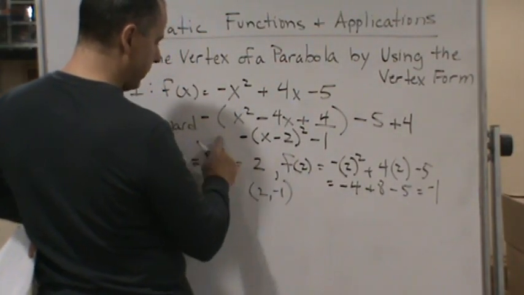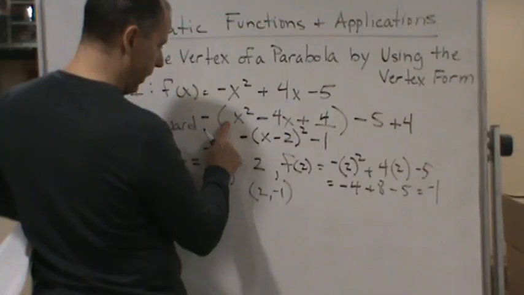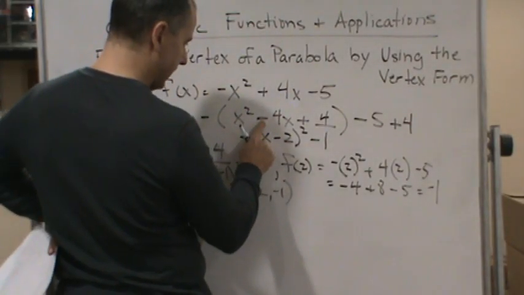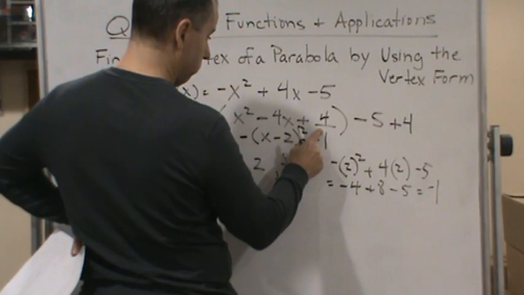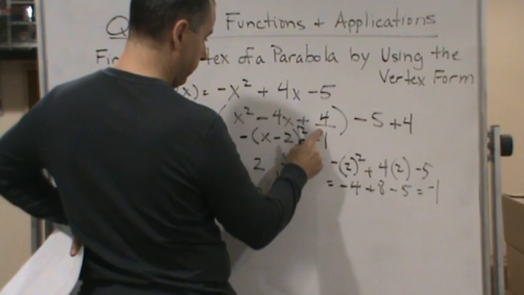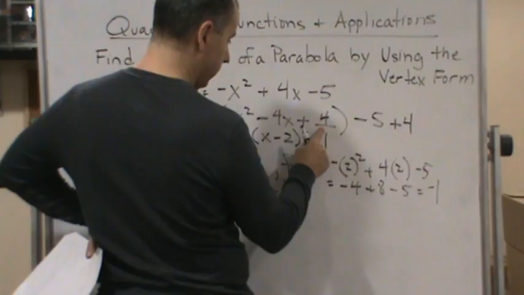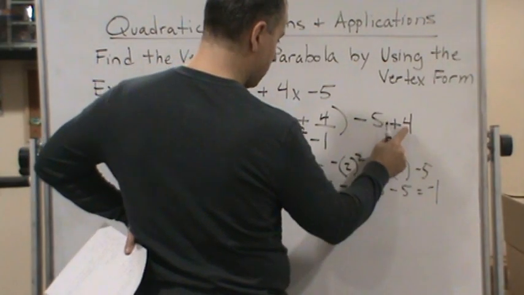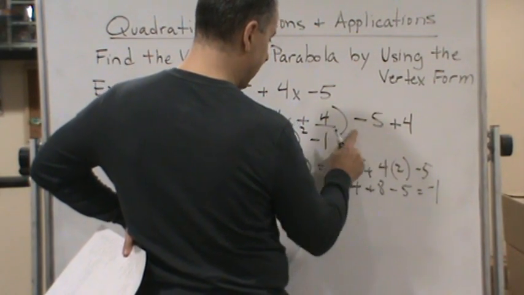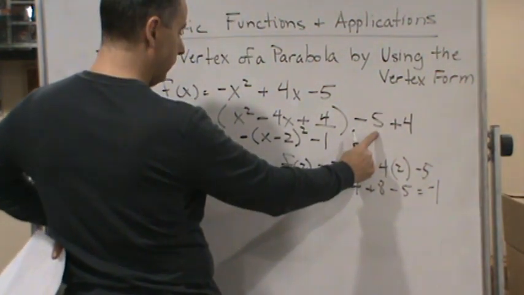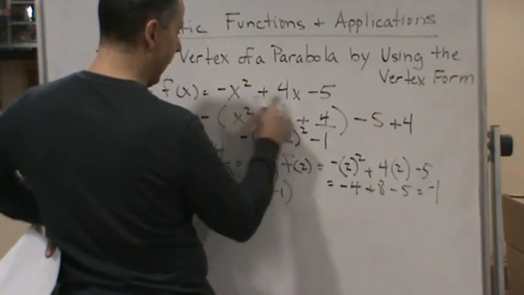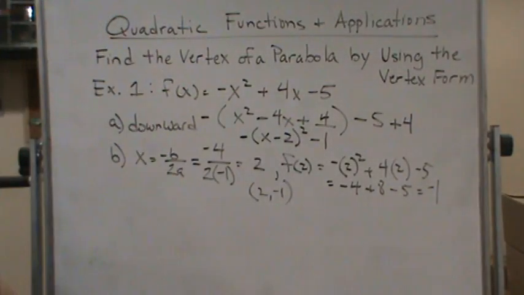And then if I distribute the negative sign, I get negative x squared plus 4x minus 4, right? The -4 cancels with the +4, and I end up with my -5 back. And so I end up with the same thing. So we're good. We're good.